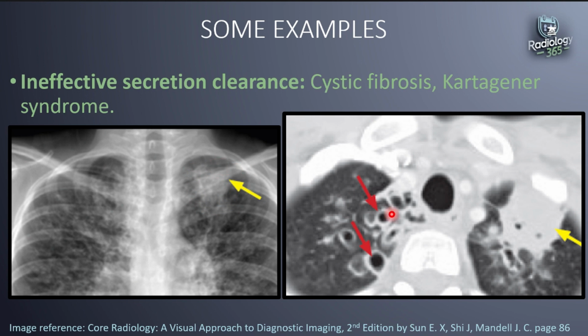The CT confirms bronchiectasis here. This appears round because it's an axial, so we are cutting the branches of the bronchi in transverse. A coronal would show them more tubular. And we also see this area of consolidation in the left upper lobe, which represents a pneumonia.